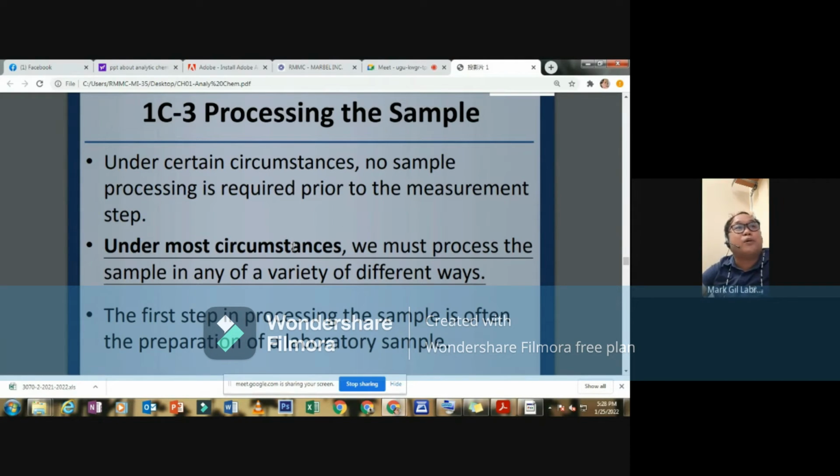So for example, you are still on the measuring step, dapat there is no muna yung mga sample processing. Okay? Under most circumstances naman, we must process the sample in any of a variety of different ways. Kasi there are many ways in processing the sample.